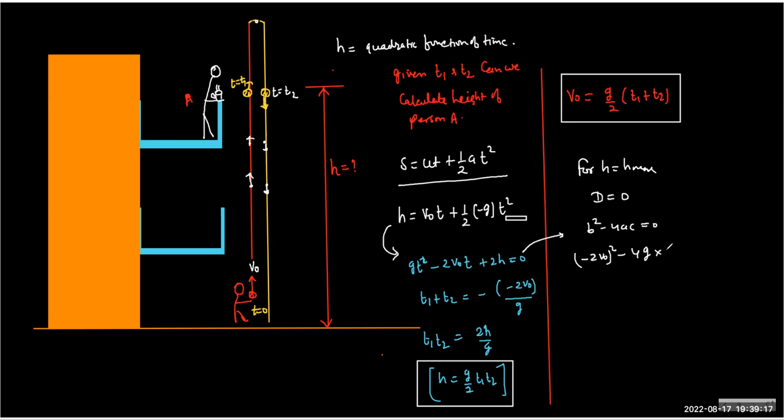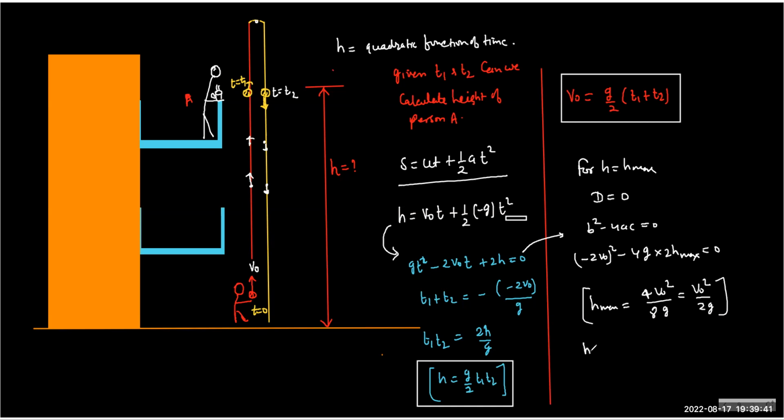What is c? So you can clearly see that the h max is basically 4 v naught square by 8g, which is nothing but v naught square by 2g, which in fact is the maximum height. We know it.